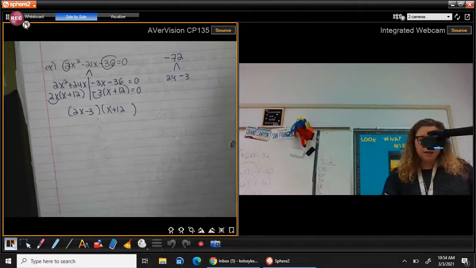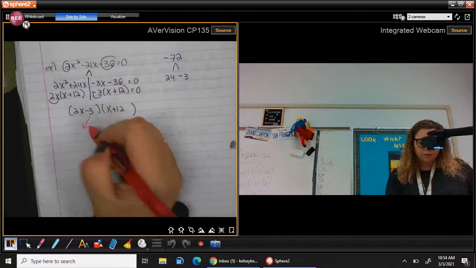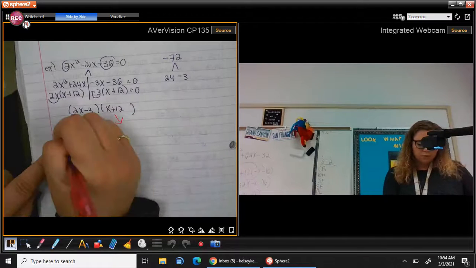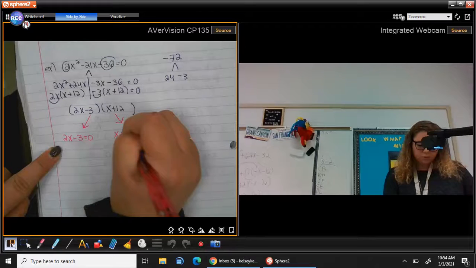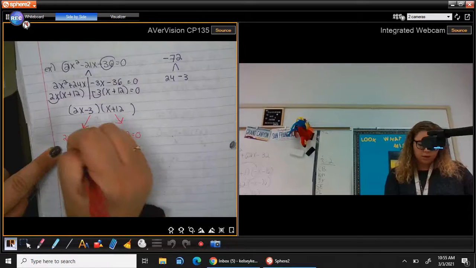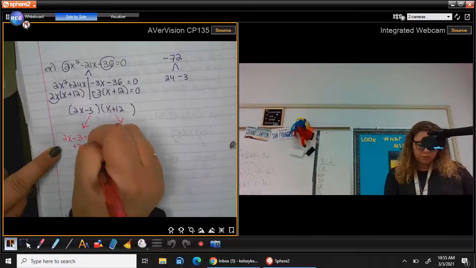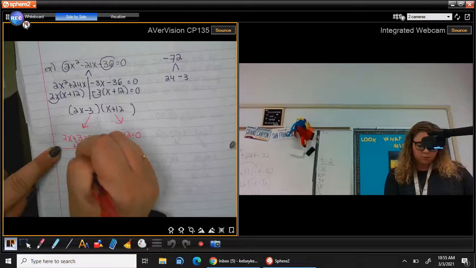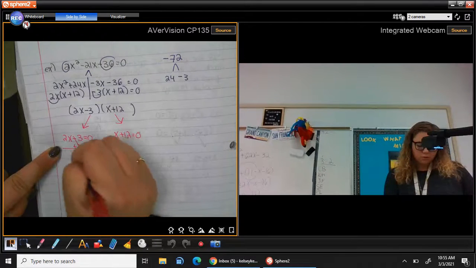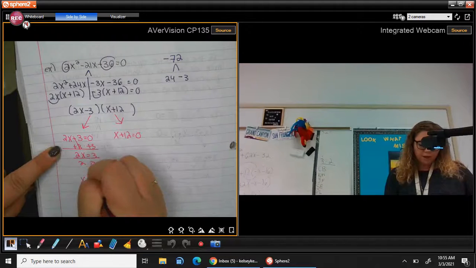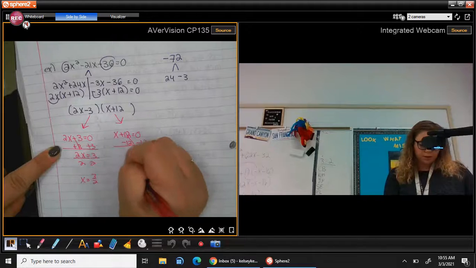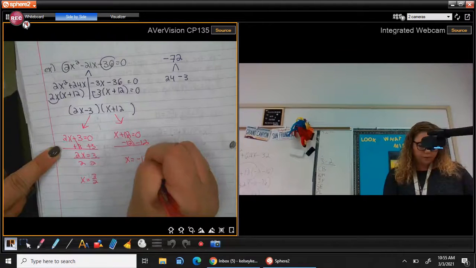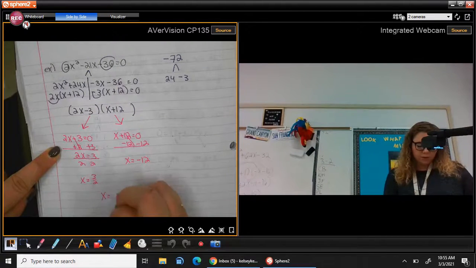So I need to take each one and set it equal to 0, and then solve for x. So I have x equals 3/2 and x equals -12. So my solutions are 3/2 and -12.